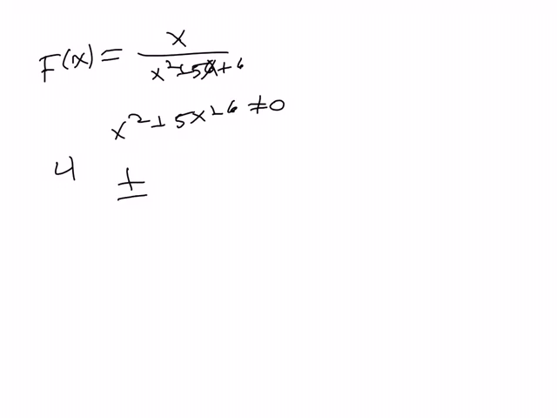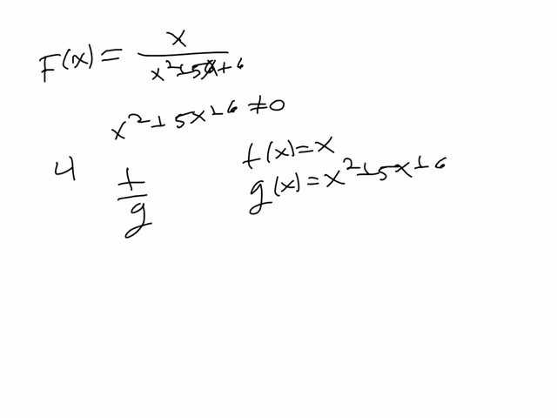So our functions, f of x is going to be x, and g of x is going to be x squared plus 5x plus 6. This, of course, is assuming that g of a does not equal 0.